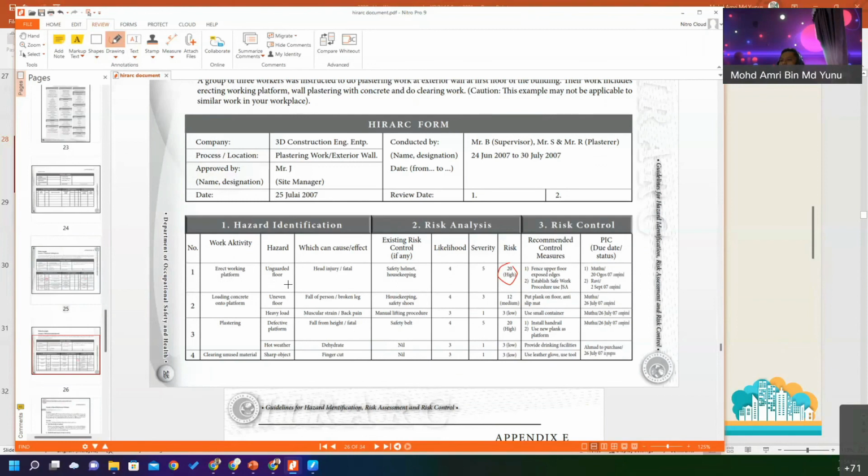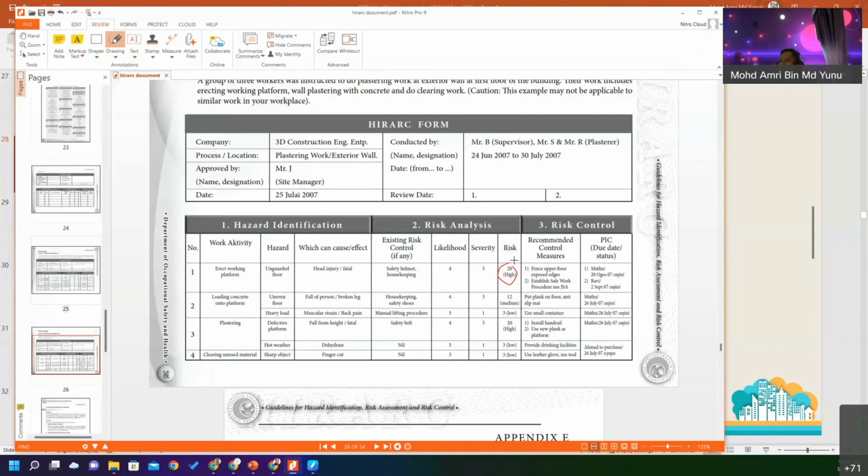There's an unguarded floor or unguarded area of the staging. So falling can cause head injury due to falling object or falling platform. Safety helmet and housekeeping. So they quickly do that. That is the existing.